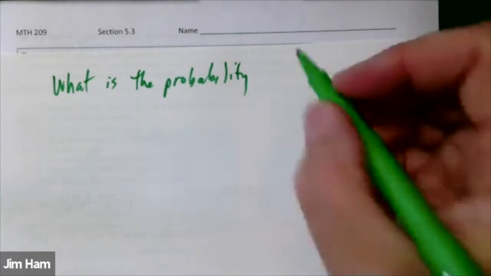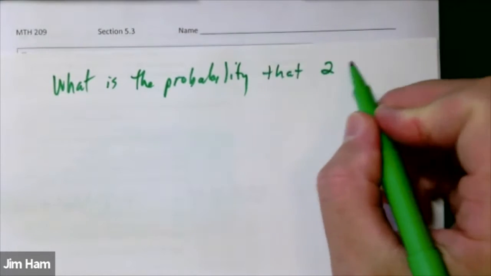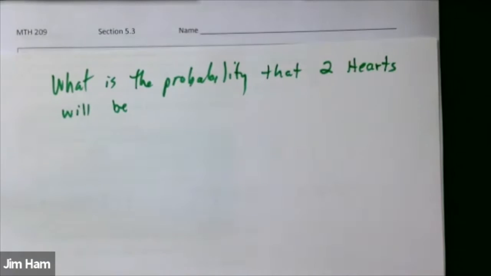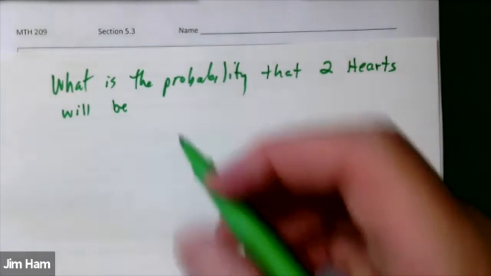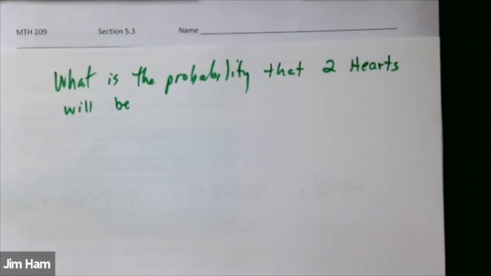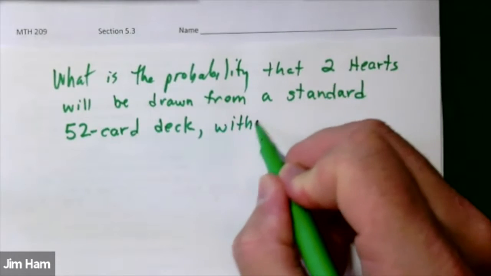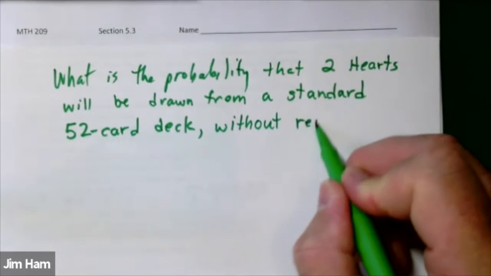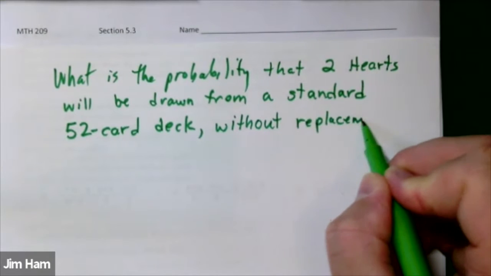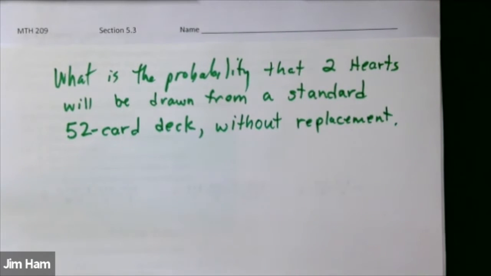So what is the probability that 2 hearts will be dealt to you in a 2-card hand, or you can think about it in terms of 2 random draws from a deck. And then I'm going to add this phrase, without replacement. Because when you're being dealt hands in cards, you're dealt one card, and then that card is not placed back into the deck.